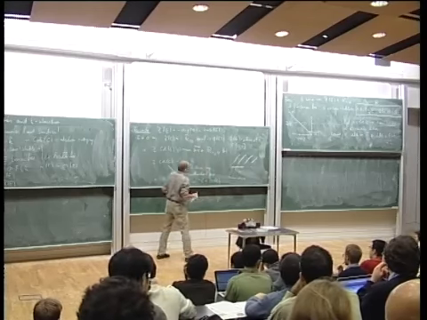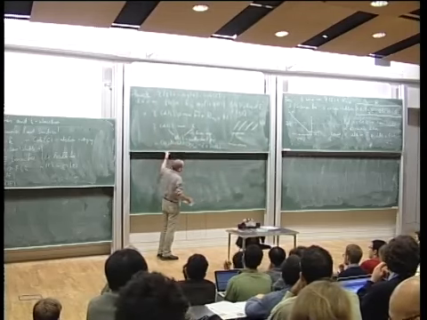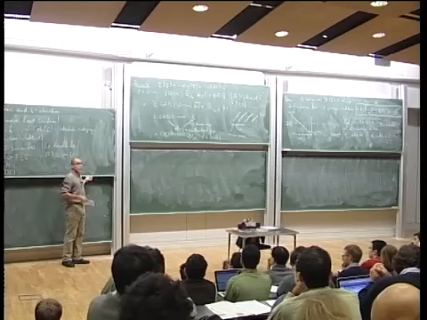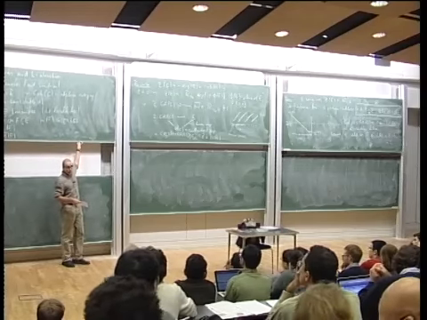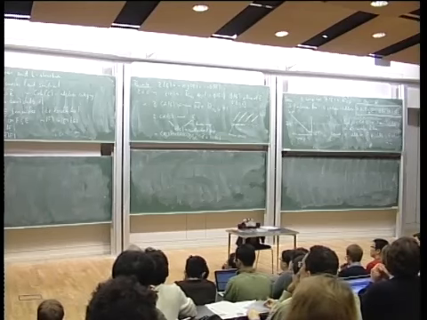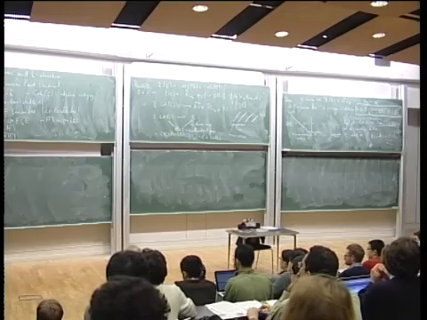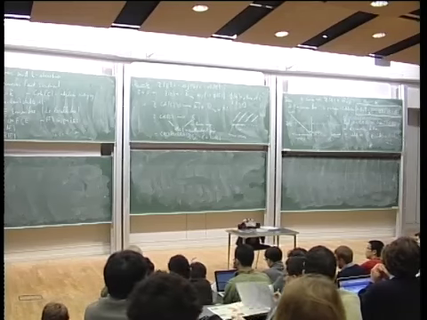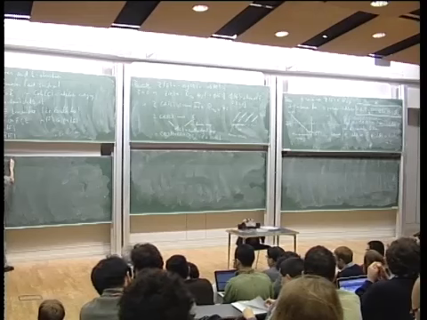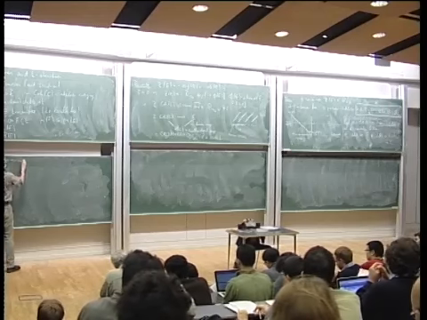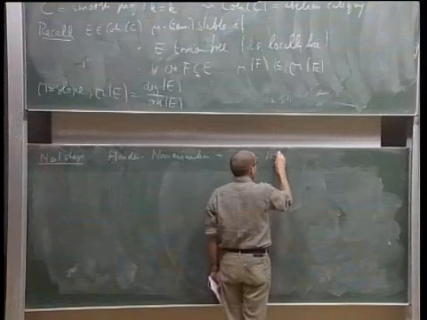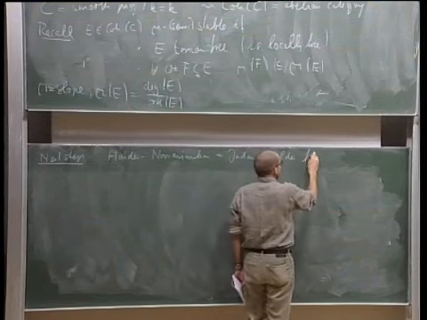Okay, so what is the next step in the theory of vector bundles on curves? Well, the next thing is the existence of Harder-Narasimhan and Jordan-Hölder filtrations.